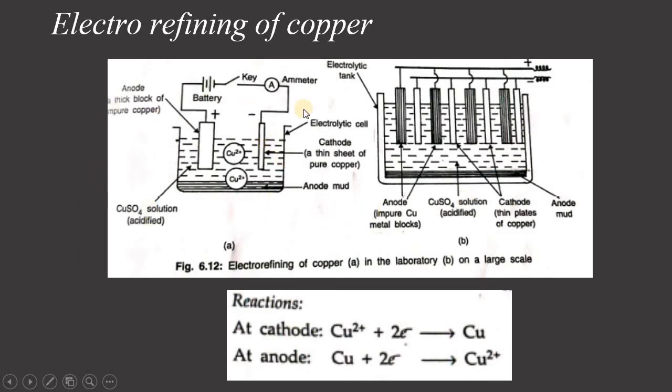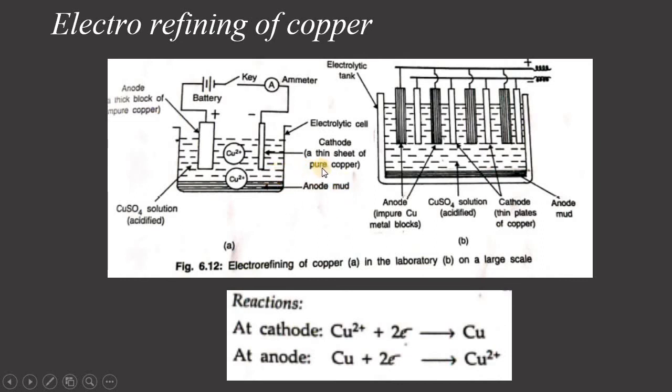One is shown in the laboratory, how you can do it, another is on a large scale. Both the principles are the same. The electrolyte is a copper sulfate solution with dilute sulfuric acid, as you have seen in the previous section also. Cathode is a thin strip of pure copper.